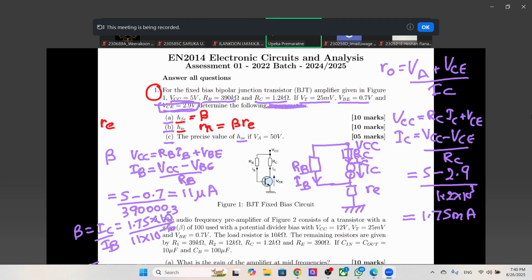Beta is approximately, the precise answer is 159, approximately 160. So that is beta, 160.